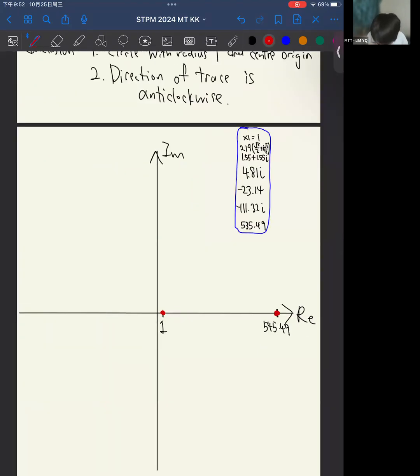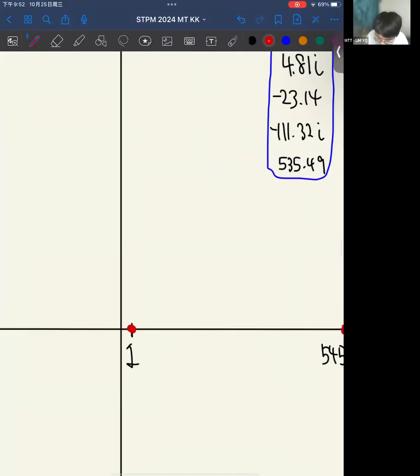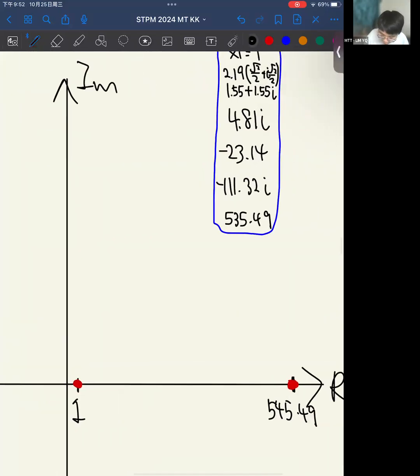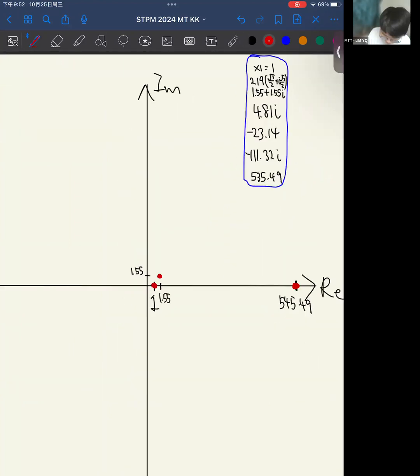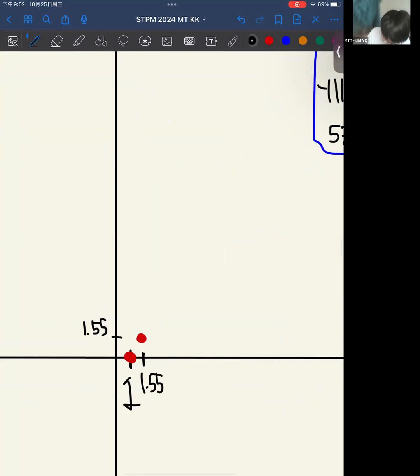Okay, now continue to plot. The next one is 1.55 and 1.55 i, so here. And 4.18 i, purely imaginary, so here. I don't want to put so much.